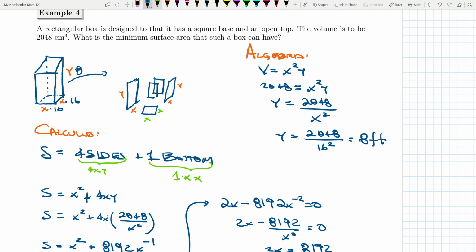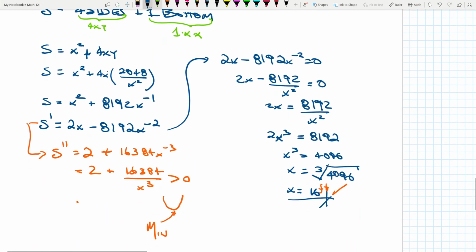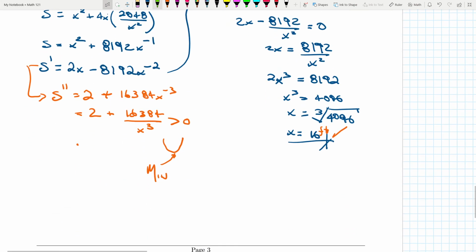I know the picture is giving us a larger height, but the numbers are actually telling us something else. So the dimensions are 16 by 16 by 8.